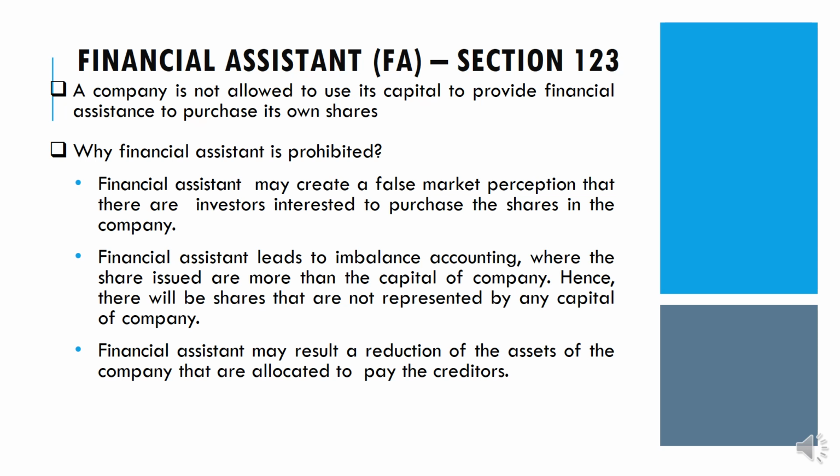Financial assistance means that the company is giving assistance, helping, giving money to others for the person to purchase the company's shares. A company assisting others to purchase its own shares. A company is not allowed to use capital to provide financial assistance to purchase its own shares. This is not allowed by law.